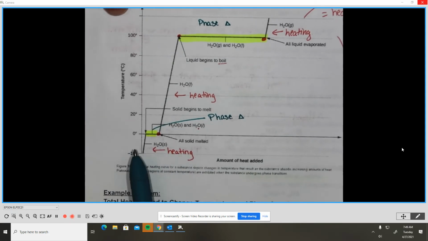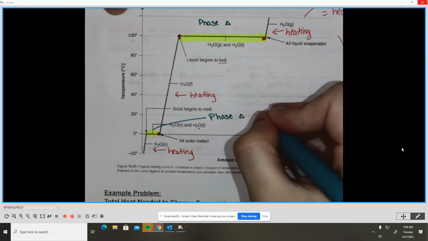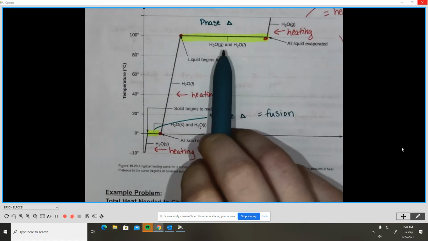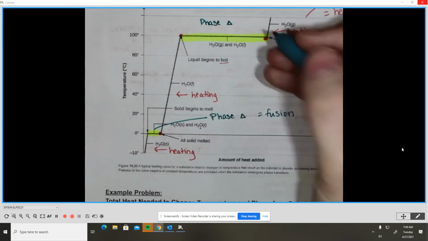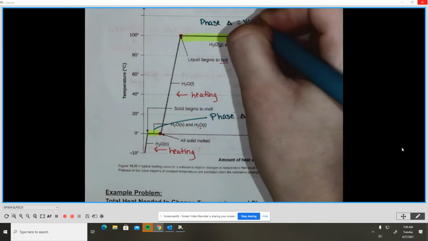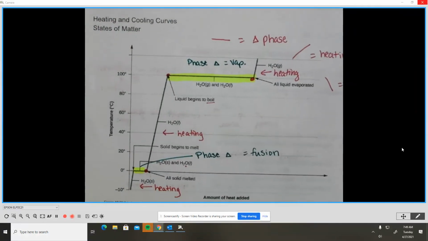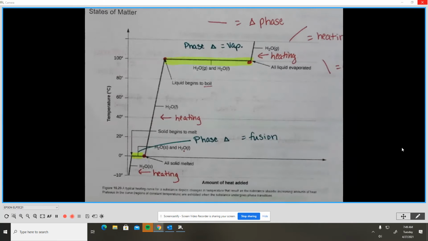Melting. We're going from solid to liquid. This is going to be fusion. Liquid to gas, this is going to be vaporization. So those are the two phase changes we're looking at in this heating and cooling curve.